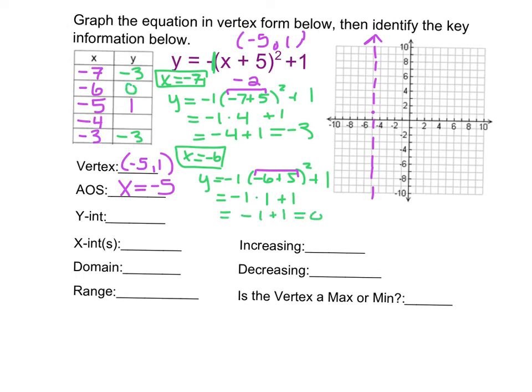So here I have 0, and symmetry on the other side also makes that 0. So here if I plot my points, I have (-6, 0), (-4, 0), and then I have (-3, -3) and (-7, -3). So I can see a nice sketch of my graph here.